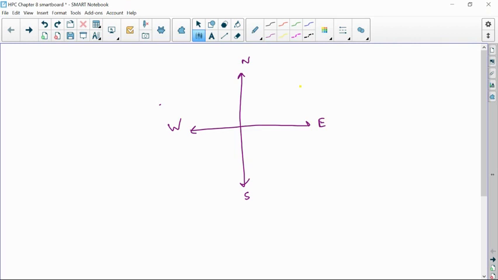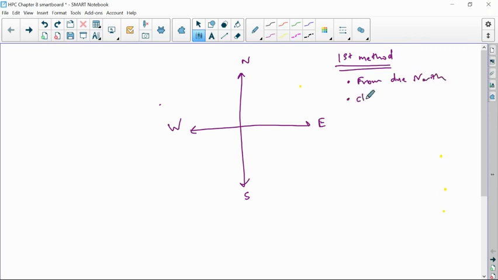Okay, so one way to measure bearings is always from due north, in a clockwise direction, and that is the first method. So I'll write this down here. One method is to first of all measure from due north, and then in a clockwise direction.